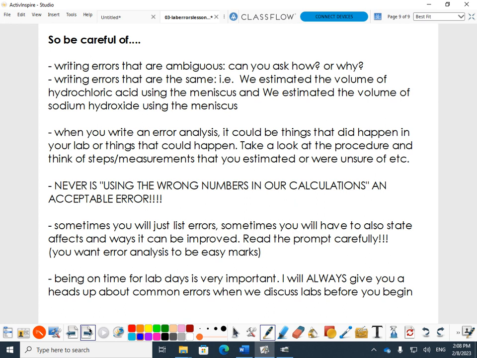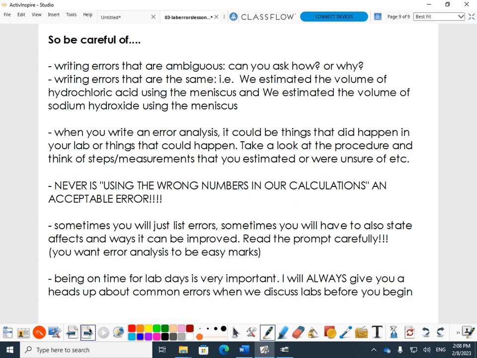Also, avoid writing errors that are the same. A really common thing we do is acids and bases, right? If you say we estimated the volume of hydrochloric acid using the meniscus, and we estimated the volume of sodium hydroxide using the meniscus, those are the same thing, okay?